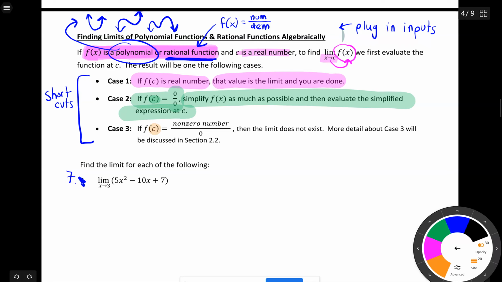But if you get a non-zero number over 0, that's undefined, then you know for sure the limit doesn't exist. Let me show you these three little shortcuts. We don't have graphs. Yes, I could put them on Desmos, but you'll be asked to do these algebraically, so you could use Desmos to check yourself, but you have to support your work with some algebra.